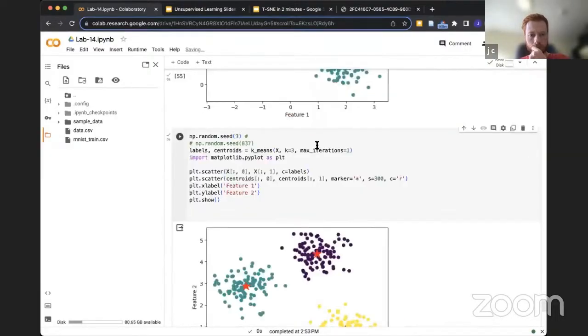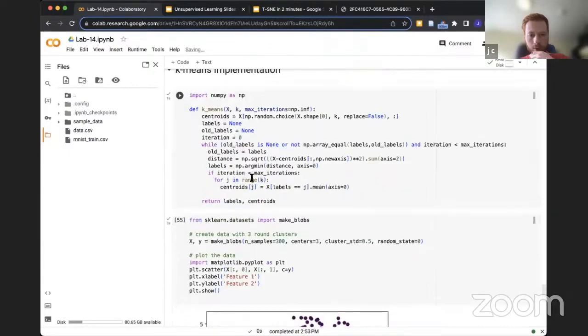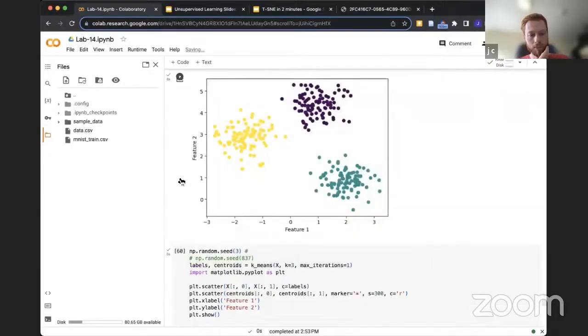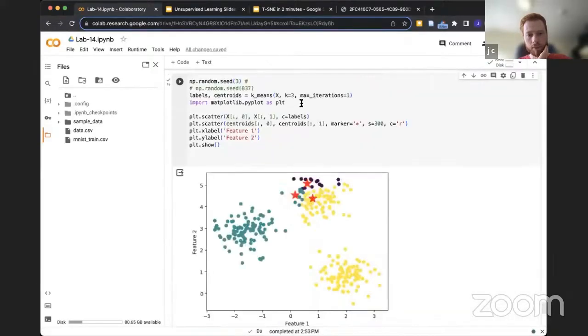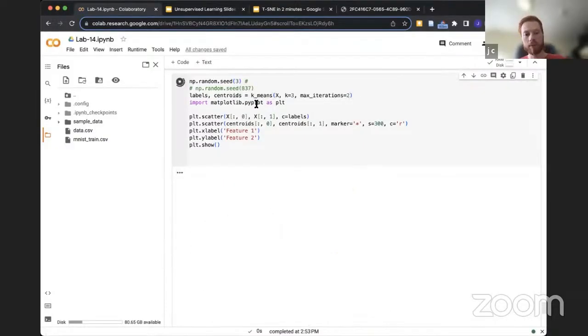Something is wrong. Oh, larger or equal. Other way around. Now, run it. Yes, you can see initially all our clusters are here. And then step by step, the clusters get updated. So it has 2 steps. See this.